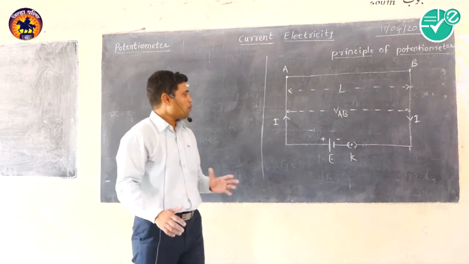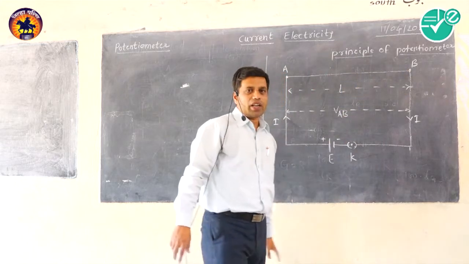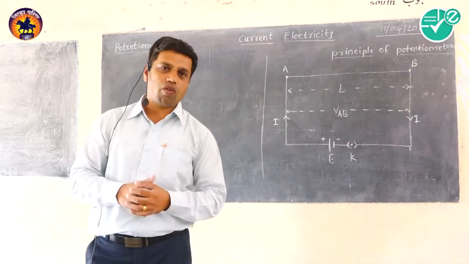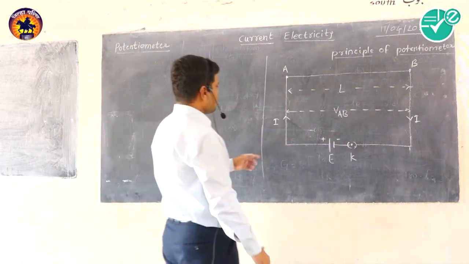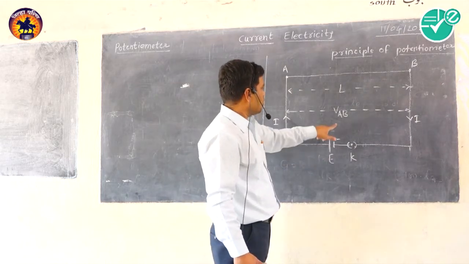Suppose I have a wire AB, a several meter long wire, 10 to 15 meter long, and across that wire I have applied a potential VAB.